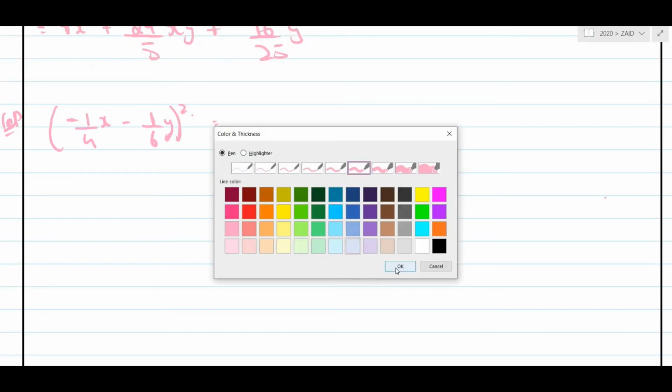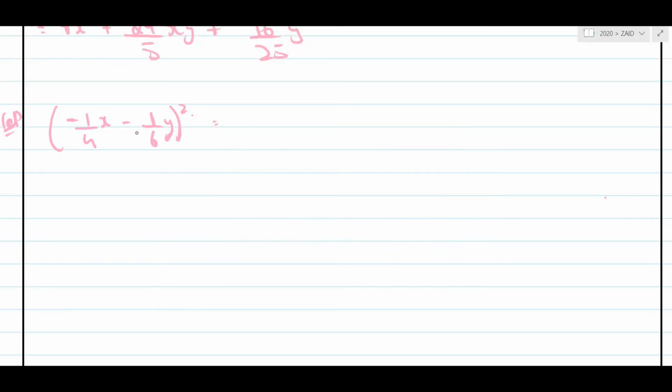Moving on to part D, the question that we have over here is (-1 upon 4x - 1 upon 6y) whole square. Now in this case we can consider a as minus 1 upon 4x and b as minus 1 upon 6y, and the identity that we will use is (a + b) whole square.